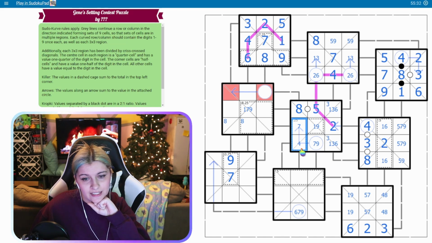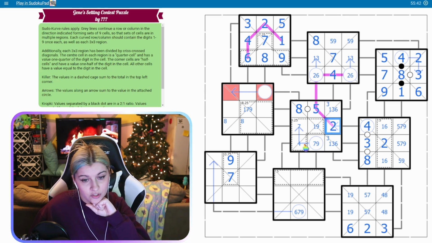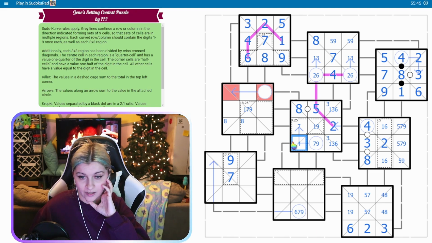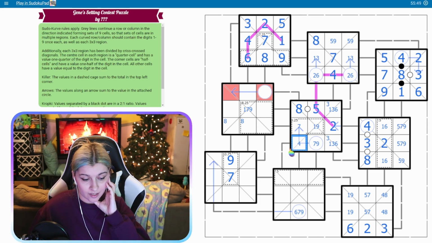1 and 6 I can't do because I need either 1 or 6 in here. And I can't use a 2 halved to get a value of 1, and I don't have a 12 halved as an option. So the next option is 2, 5, but both of those are taken. 3, 4.